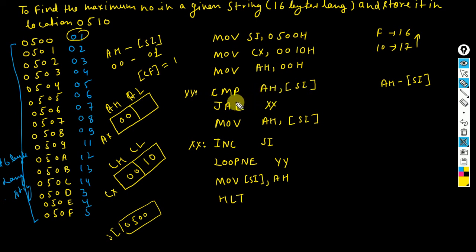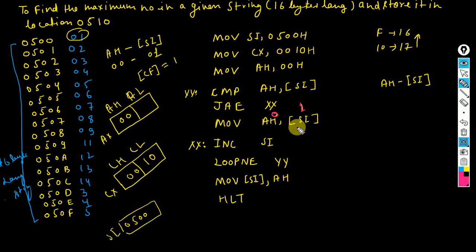But in this case our carry flag is high, meaning AH content is lower than SI. Then we move to the next instruction. In this instruction we move SI content to our AH register. SI content is 1 and AH content is 0.